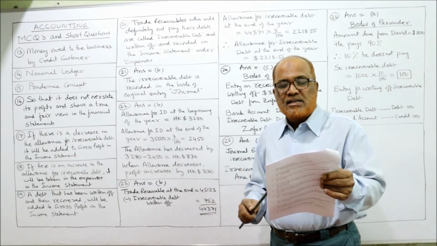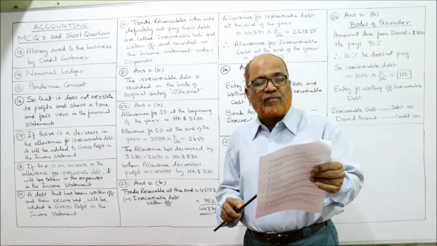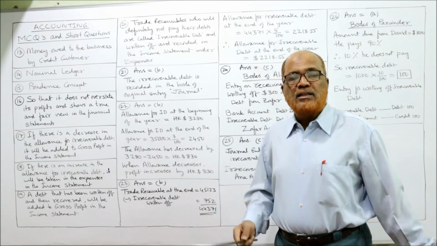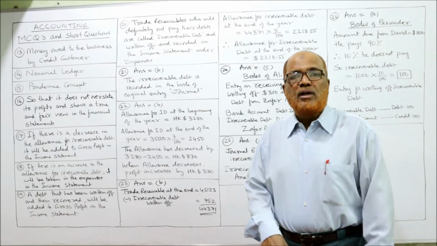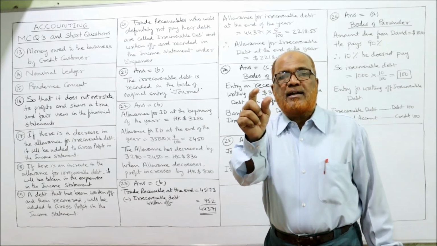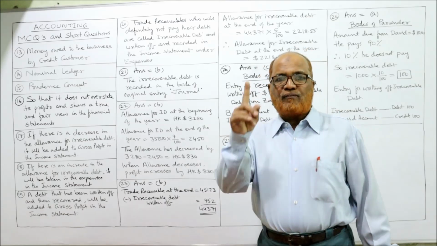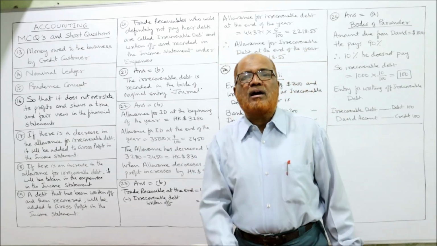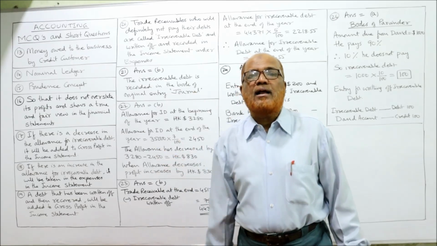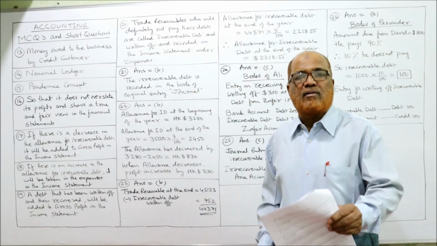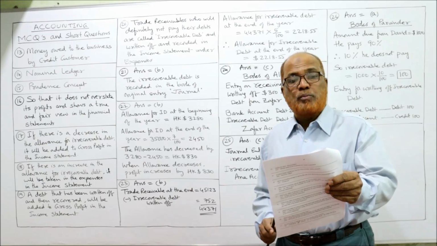In the previous video I explained that the allowance is created after deducting irrecoverable debt. So first you deduct irrecoverable debt, then you calculate the allowance. So here 752 should be deducted.